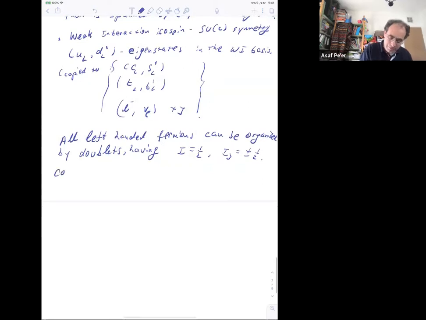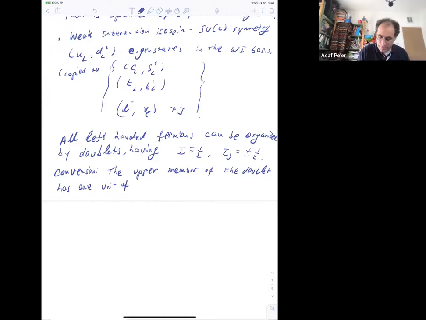So, a convention: the upper member of the doublet has one unit of electric charge more than the down member.